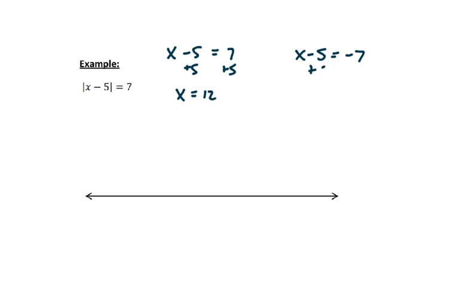We're going to add 5. x equals -2. So we've got -2, we've got 12, 0 is somewhere over here, and I've got solid dots on the -2 and the 12. That's a lot of hash marks for me to draw in, so I'm okay if we don't draw those in.